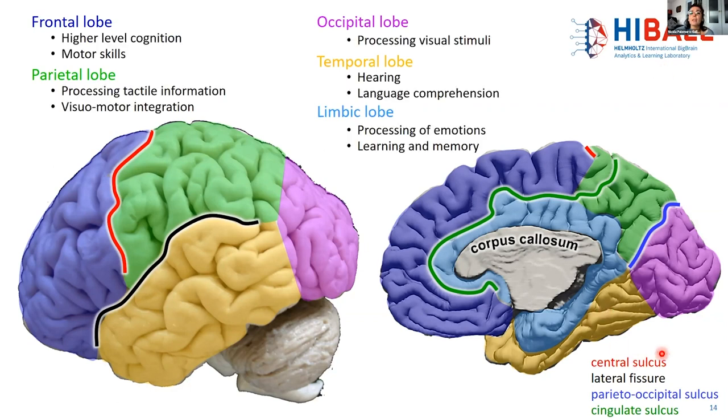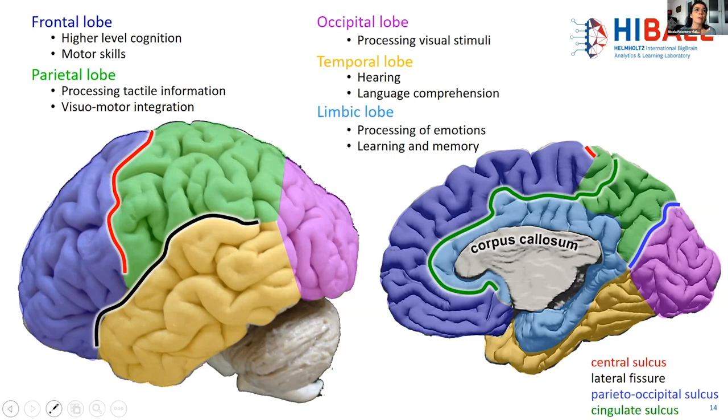This is because each of these lobes can be associated with different functional domains, okay? The frontal lobe, for example, is associated with higher level cognition and with motor skills. So that's a nice term that people doing functional imaging use.